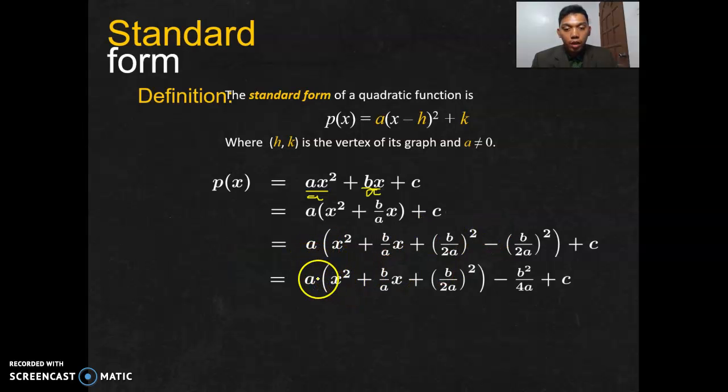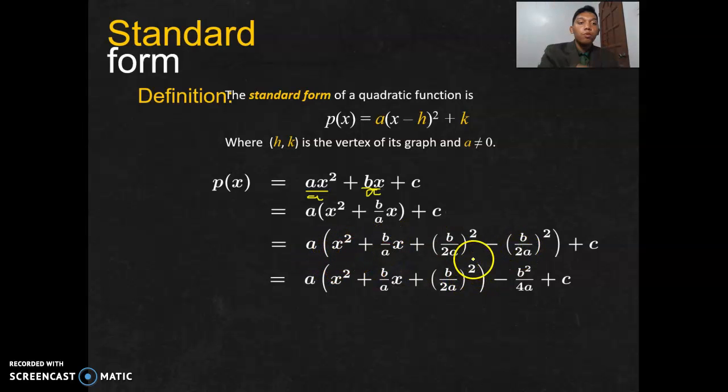In the next line, I moved the negative b over 2a squared outside, but notice that the numerator is b squared because we already squared it, and a squared supposedly. But since we have a here, if we try to get something outside the parentheses, you must also include this a, because like in the very beginning, we need to multiply every term here by a.